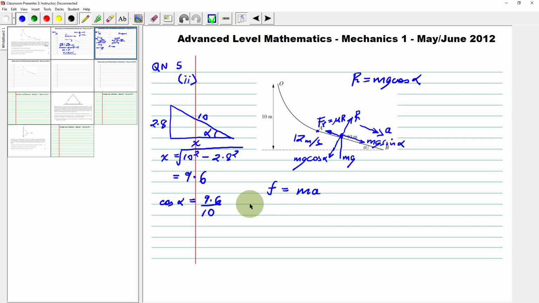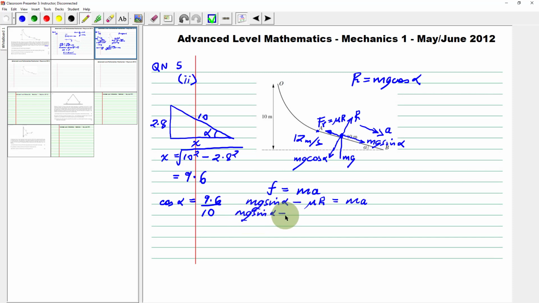The resultant force this way is going to be equal to mg sine alpha minus mu R, which is the frictional force, is equal to ma. Actually, m appears throughout this equation.